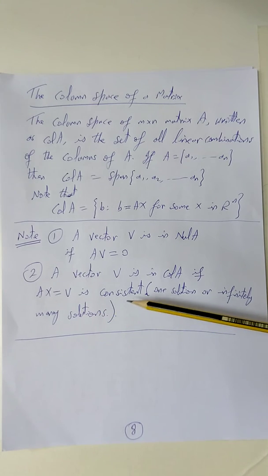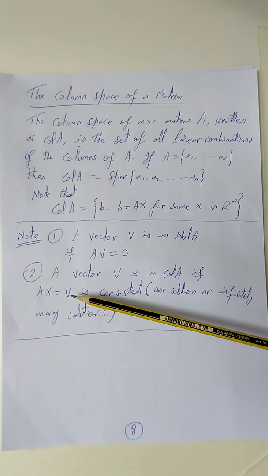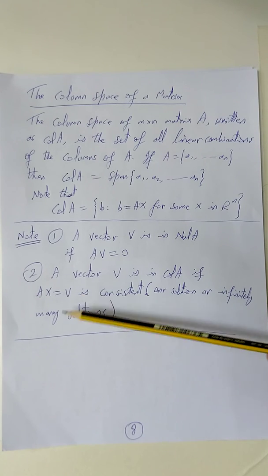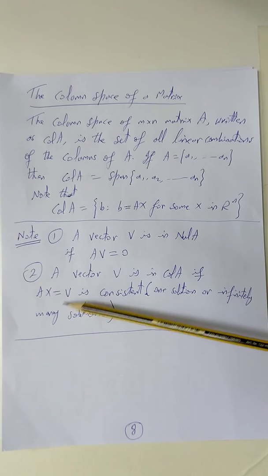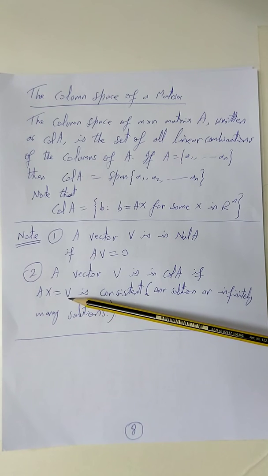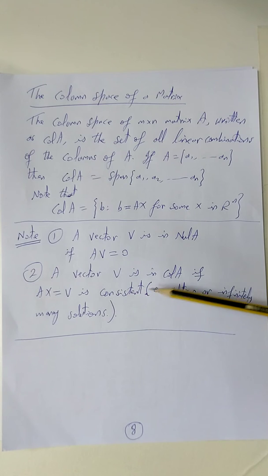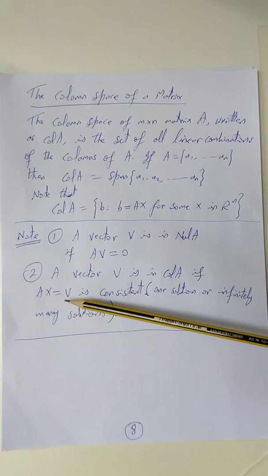Very simple. And you know how to find the solution of Ax equals v. It is the same as Ax equals b; instead of b, now we are writing v. Otherwise everything is the same. So if we want to prove it is in Col A, you will find the solution of Ax equals v.